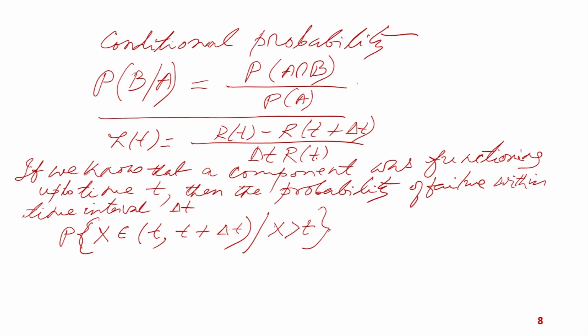Okay. So how can I write this? I can write P of the event x belonging to (t, t plus delta t), then intersection with x greater than t, divided by P of x greater than t.